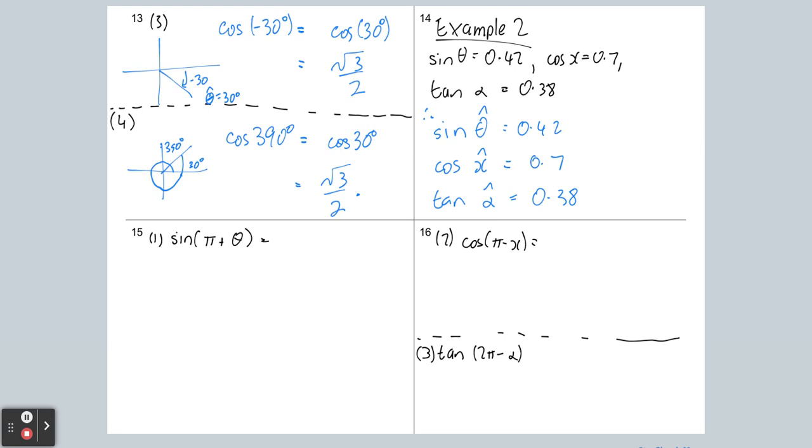Okay, so having identified the base angles, we can now go and solve problems. So we're asked here, what is the sine of pi plus theta? Well, we'll do our usual step, and we can again assume that theta and x and alpha, we can treat them as if they were first quadrant angles, i.e. they're like the reference angle.